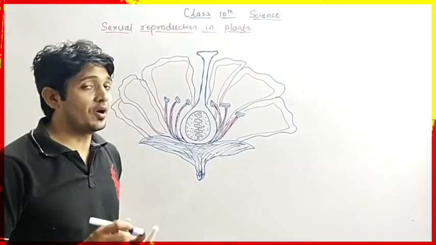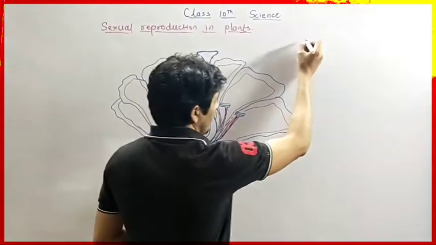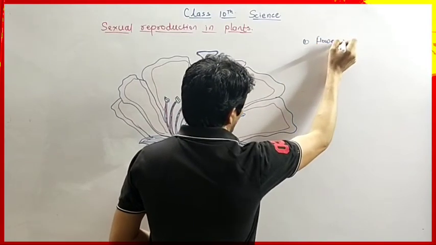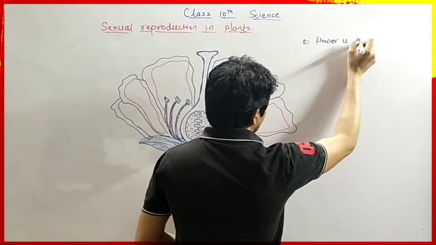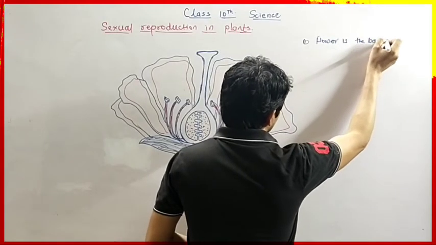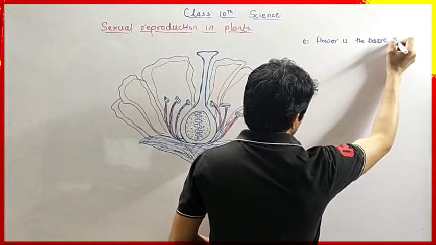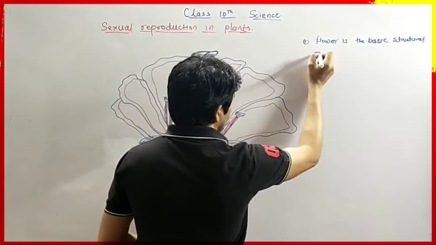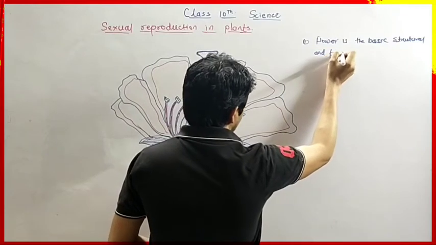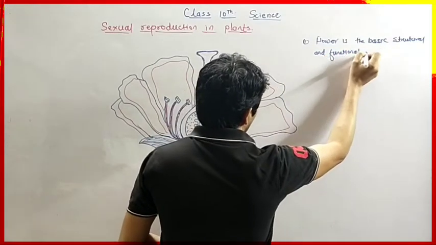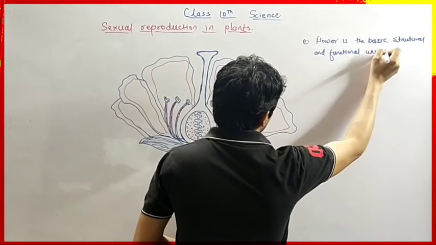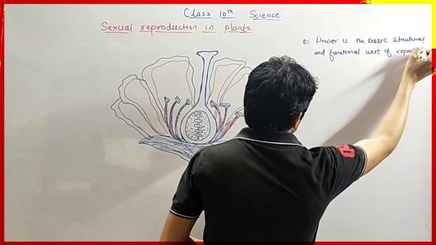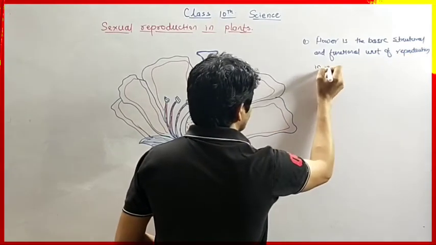Okay, so the essential points that we have to write over here. Flower is the basic structural and functional unit of reproduction in plants.